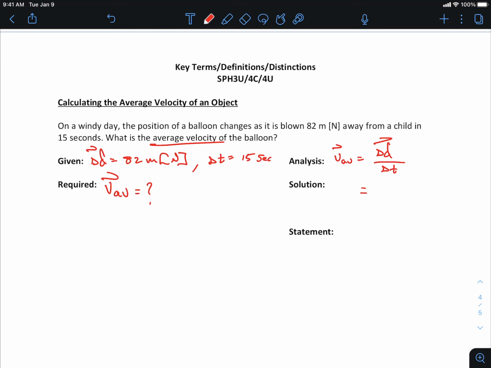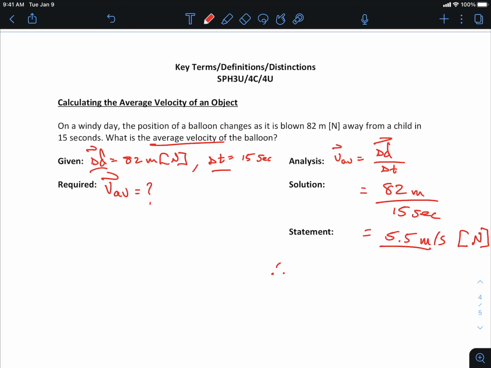Right? What are the numbers? Well, you wrote down what the numbers were, right? We're going to have 82 meters divided by 15 seconds. Okay, well, that's 5.5 meters per second. Okay, that's its speed, but it's not the velocity. The velocity has to have the direction.